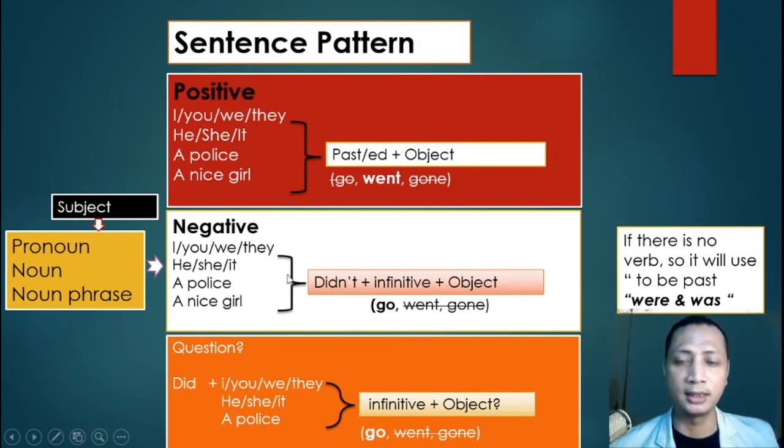Take a look at the example in negative here. There is did not, and this is the short form, didn't. And then we put again the infinitive of verb 1 and object. So remember, in negative and question we just use the infinitive, no past form like this.